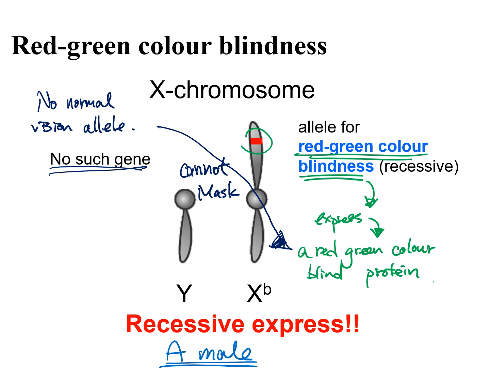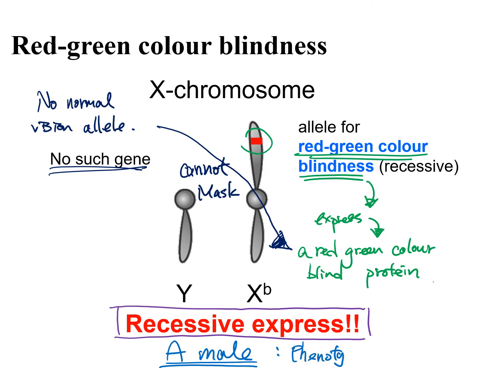Therefore, the recessive allele for red-green color blindness is still expressed and shows the phenotype. Therefore, for this male, the phenotype would be red-green colorblind.